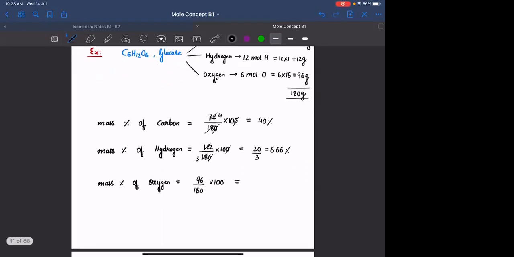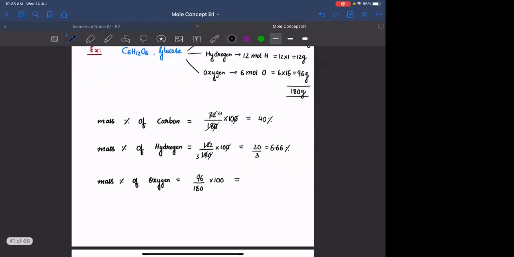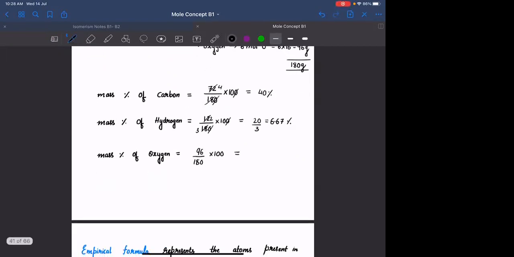Or you can write that as 6.67. 6.666 recurring है ना? I will write this as 6.67%. Okay.